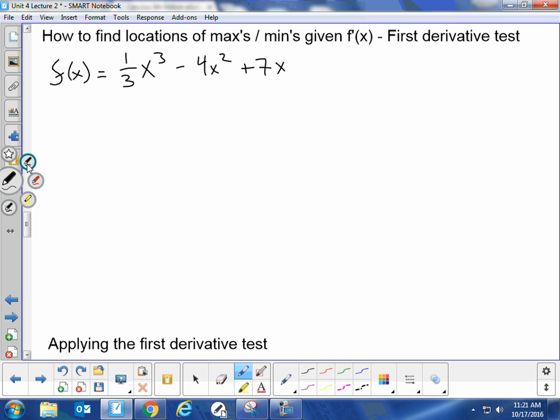Where does it have maxes and mins? Does it have maxes and mins? Is it like x cubed? I don't know. But by doing this analysis of my derivatives around my critical points, I can find the locations of these maxes and mins. And I can see if this critical point is a special critical point, a location of a relative extrema.